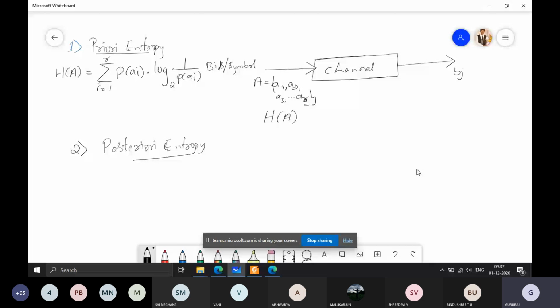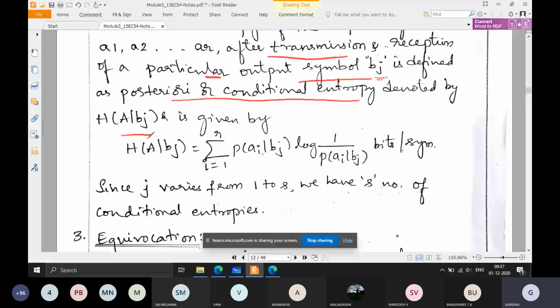That is posteriori entropy, denoted as H of A by Bj. Let's see the formula. H of A by Bj is equal to summation i equal to 1 to R, since you are transmitting R input symbols, of P of Ai by Bj. What type of conditional entropy is this?